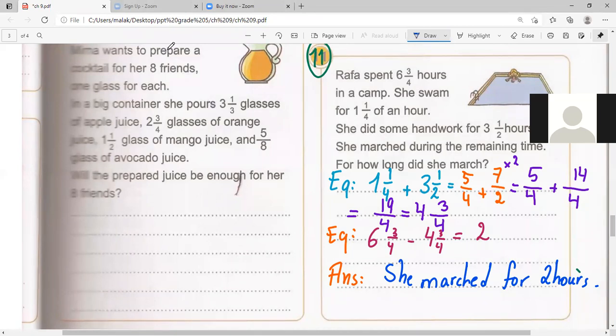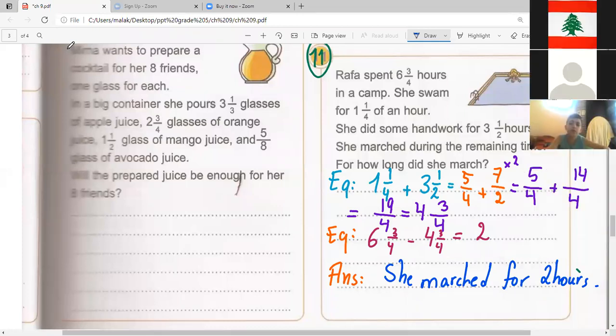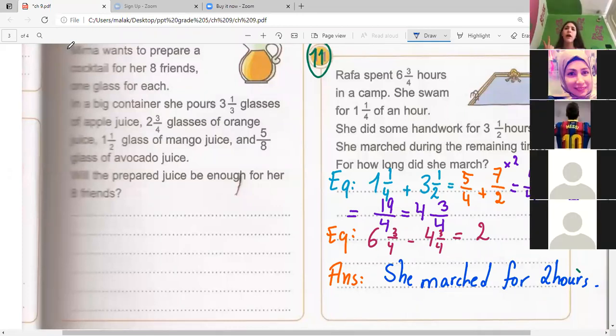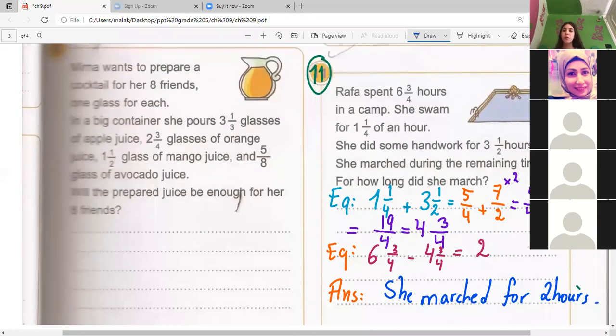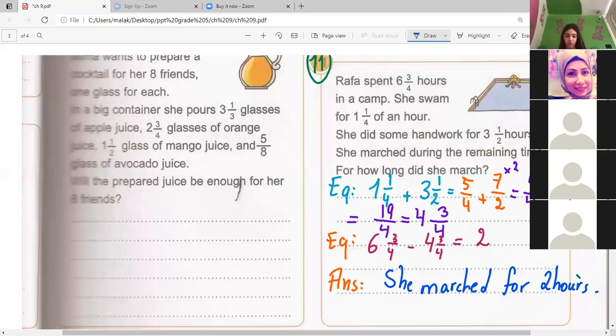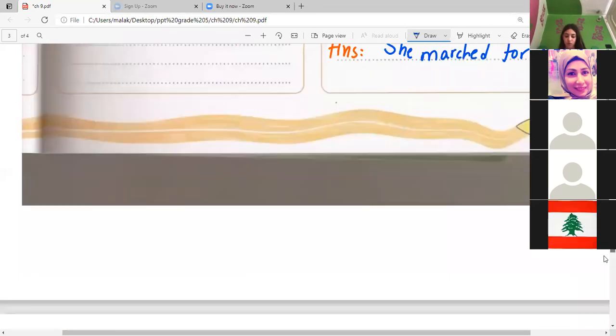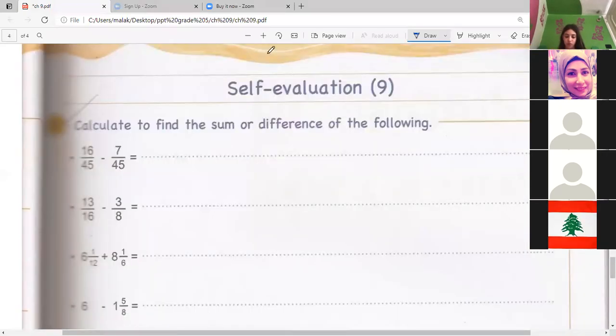Do you have more periods today? Yes, we have 1 period. We have an exam in the last period. Who is still writing this problem? Goodbye, teacher. Bye, teacher. See you on Monday.